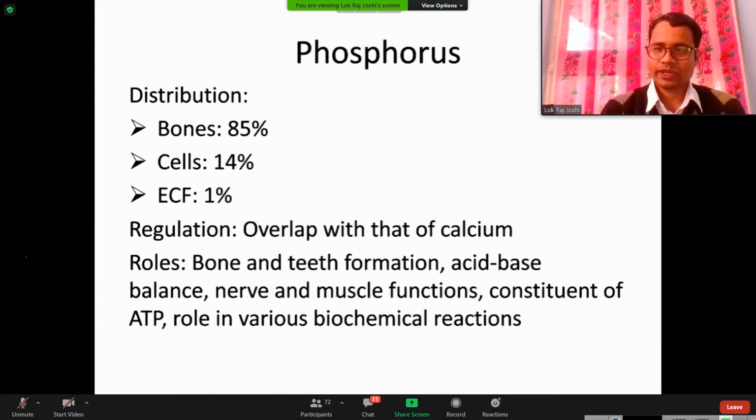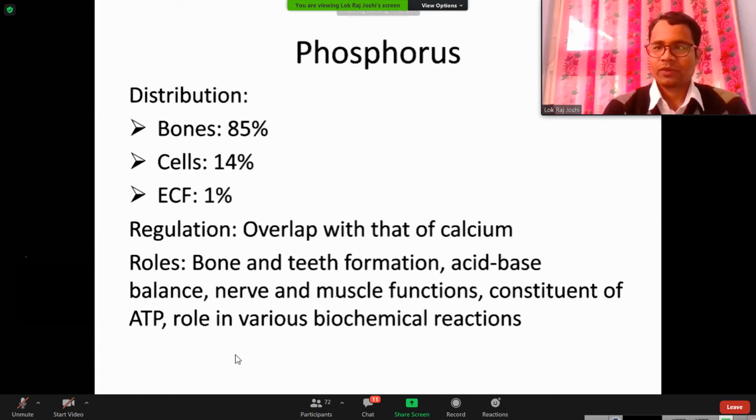And you know, ATP contains phosphate group, and there are many biochemical and enzymatic reactions in which phosphorylation, dephosphorylation are among the key regulatory phenomena. Therefore, phosphorus is also very important.